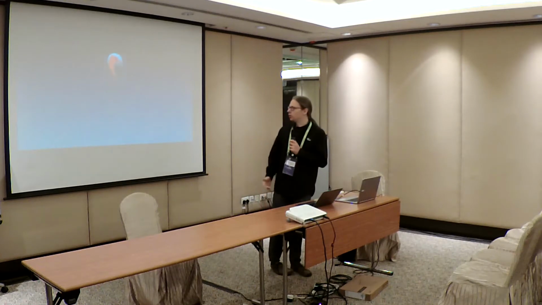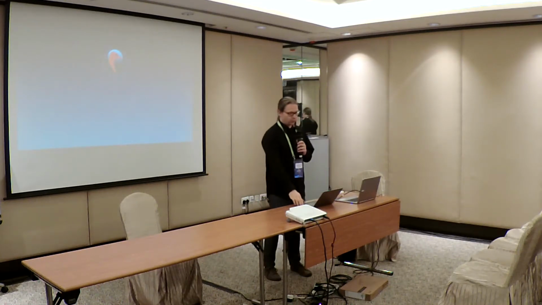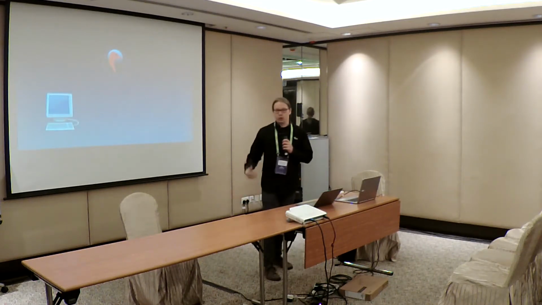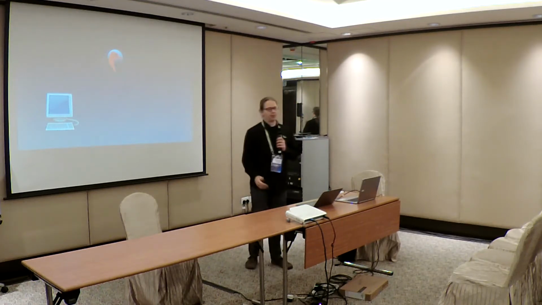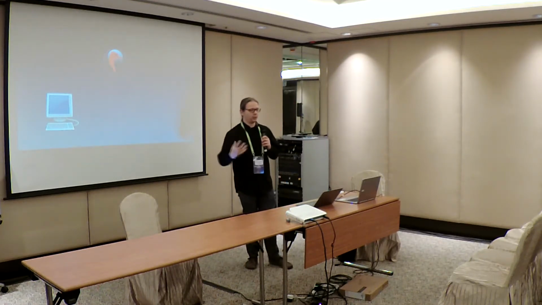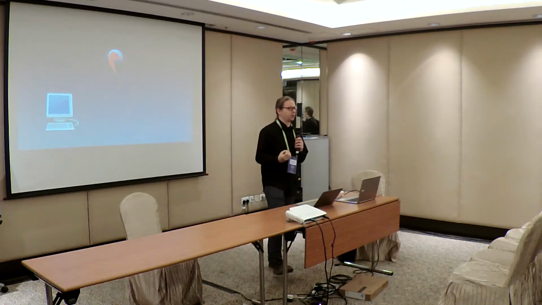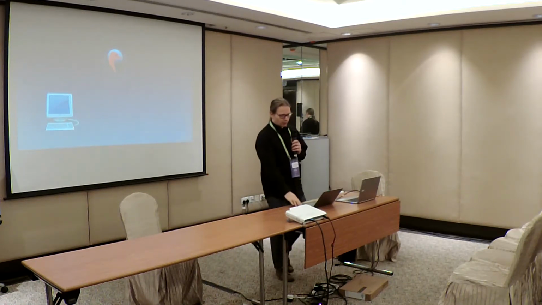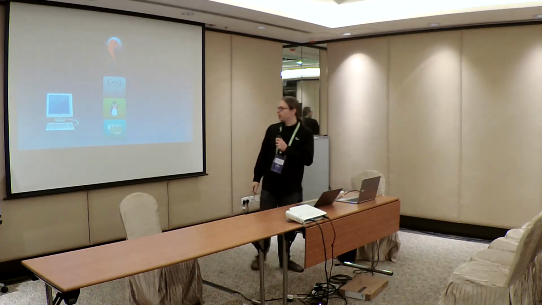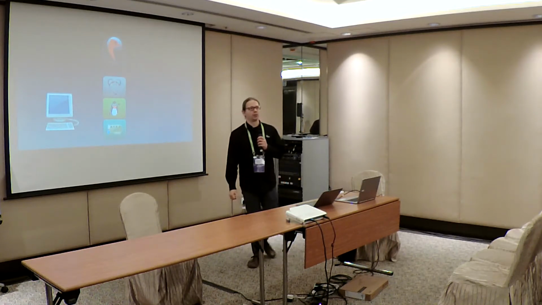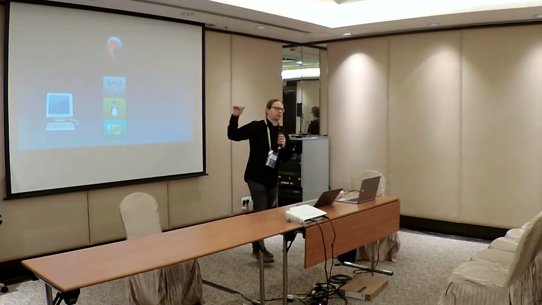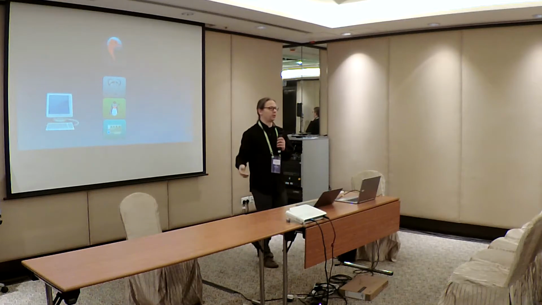So what is QEMU really? QEMU has a couple of different modes. QEMU, obviously, you know QEMU, emulates your machine, your computer. But what part of it does it emulate? We usually have a couple of different layers. You have your hardware, you have your operating system, and then you have software running on top of the operating system.